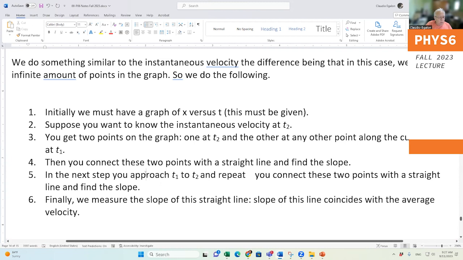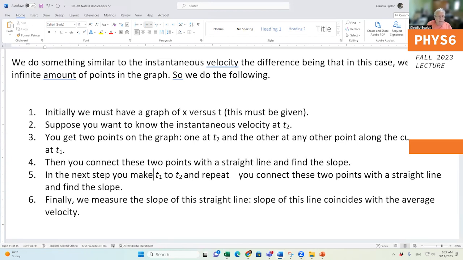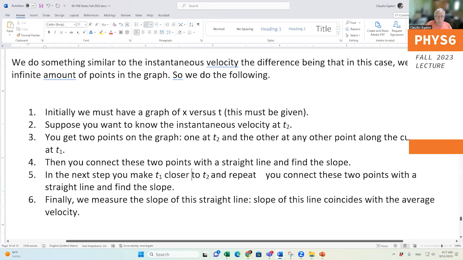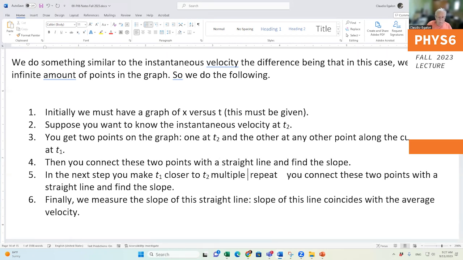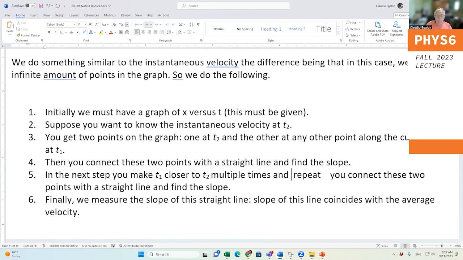In the next step, you make T1 closer to T2 multiple times, and repeat step 4.